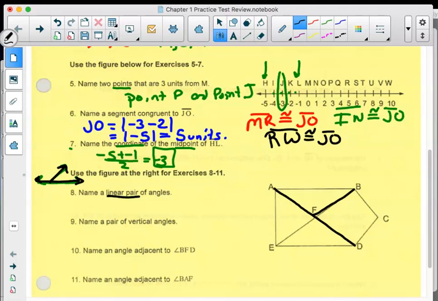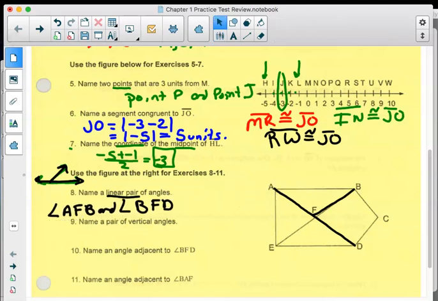Make sure when you name an angle, the vertex is the center, and you have angle AFB and angle BFD. That is a possible linear pair.